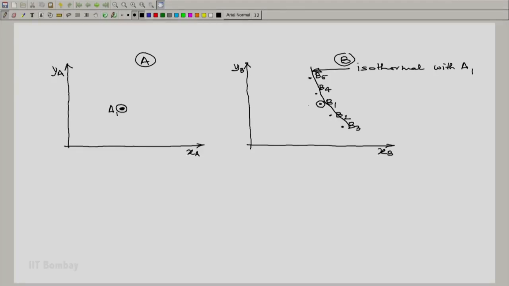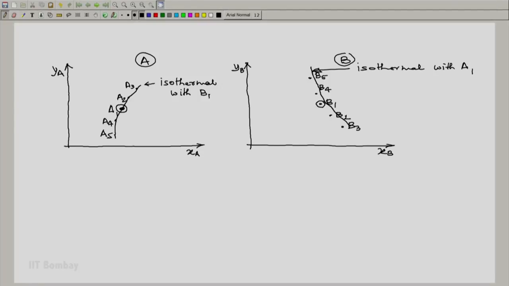Let us hunt whether there are other states in the state space of A which are isothermal with the state B1 of system B. And we will find that yes, perhaps there are more states, A2, A3, A4, A5, and these states also will usually form a continuous locus, and all these states are isothermal with B1.